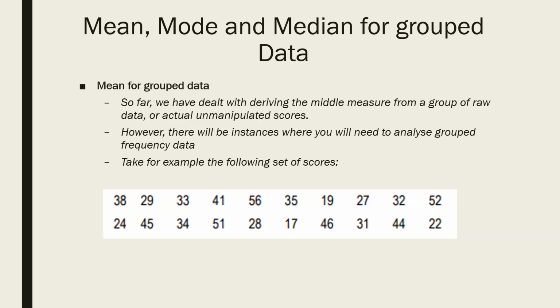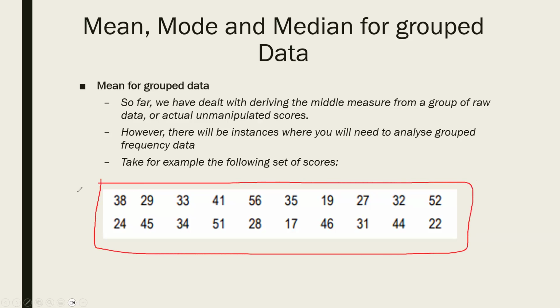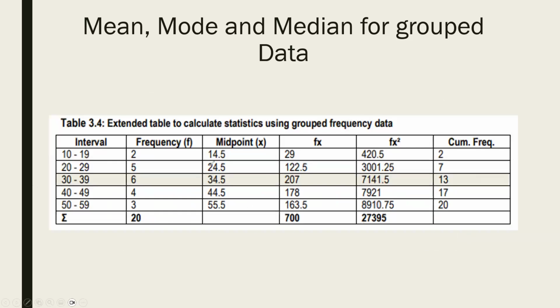So let's go back to the mean for grouped data. This is raw data here. This type of data is ungrouped. Then on the next slide, it's grouped. So that data in the previous slide was grouped into bundles. The first bundle is 10 to 19.